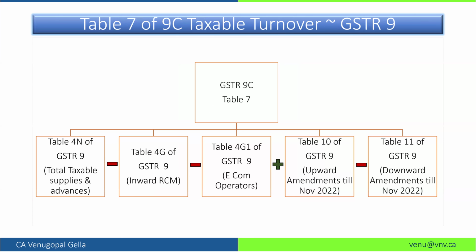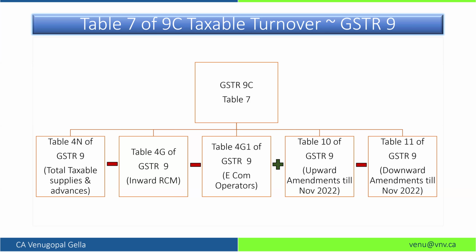While we are looking at taxable turnover, the earlier one was the gross turnover. Taxable turnover is in table 4. However, the 4N includes two RCM reportings: one is inward RCM 4G and the other is e-commerce operators 4G1. So we eliminate 4G and 4G1. Then we add table 10 and subtract table 11.